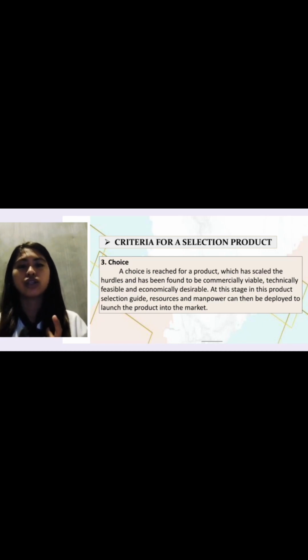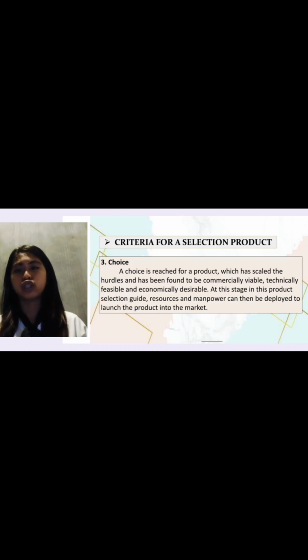And then for the resource availability, sufficient ba yung resources, yung equipment, yung personnel and yung funds para makapag-develop or makapag-launch ng product.